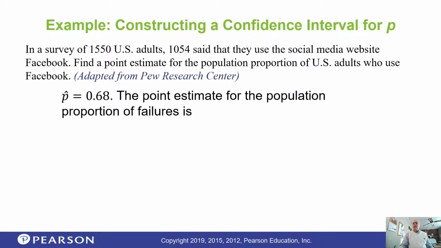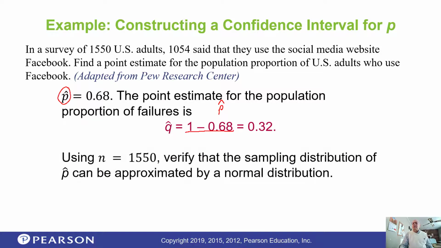So what do we have? There's our point estimate for the population proportion of successes. And for the failures, you just subtract p hat from your 1, and there's your q hat. Don't forget that. n is sampling size.